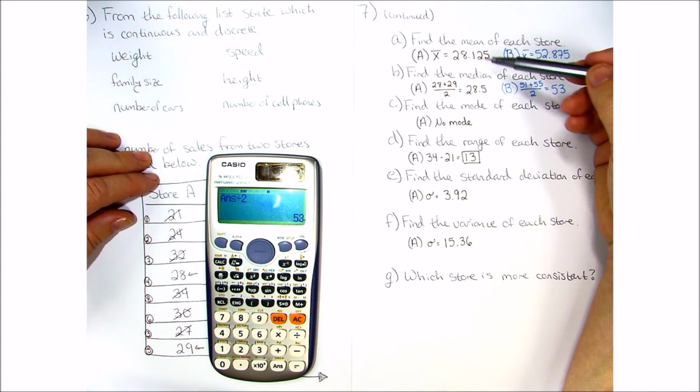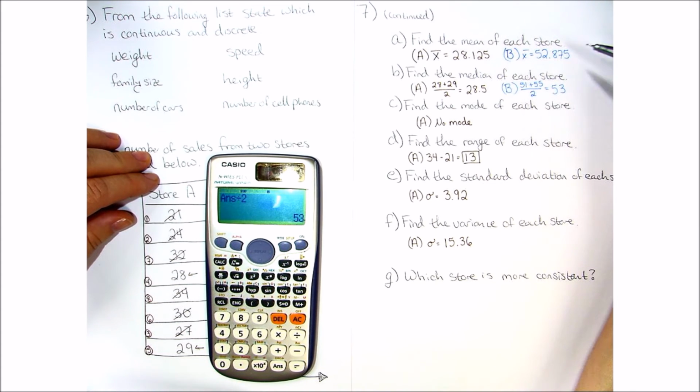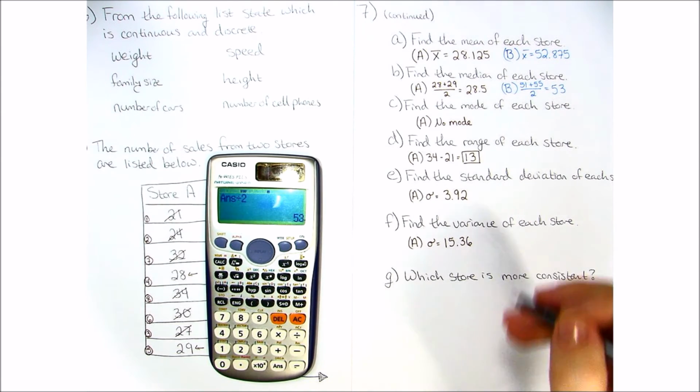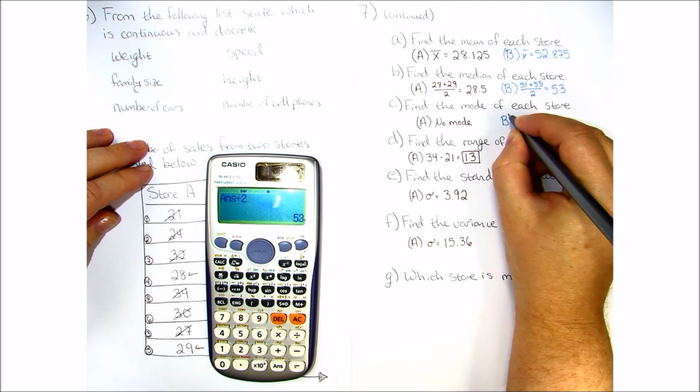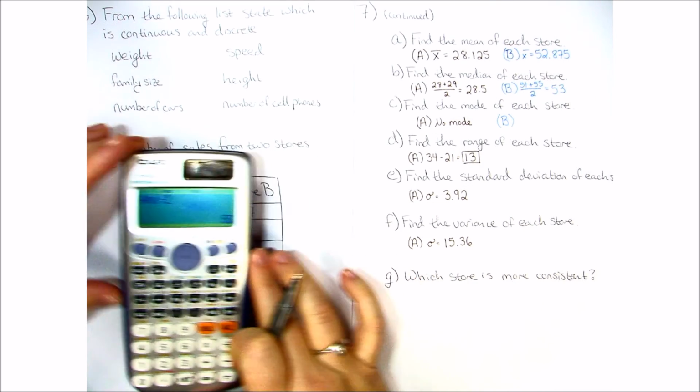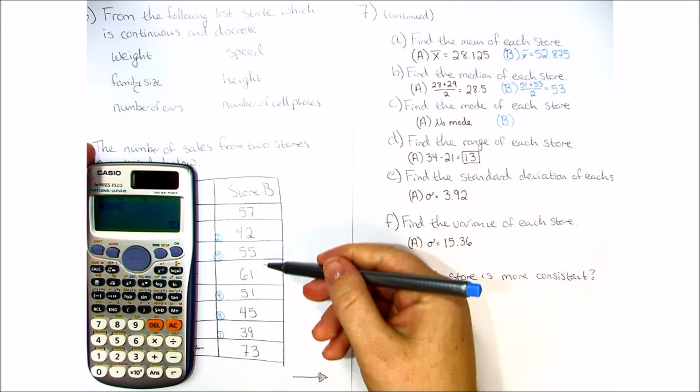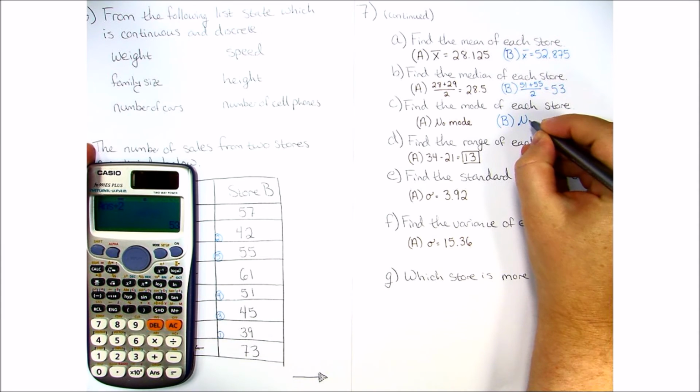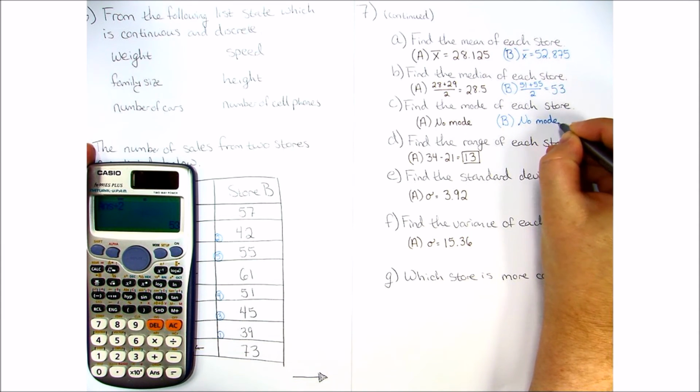Now if you notice, these are very similar once again. So we can't quite tell consistency yet until we get to standard deviation. Okay, store B, is there a mode? Is there any number that is repeated? And I see that there is no mode.